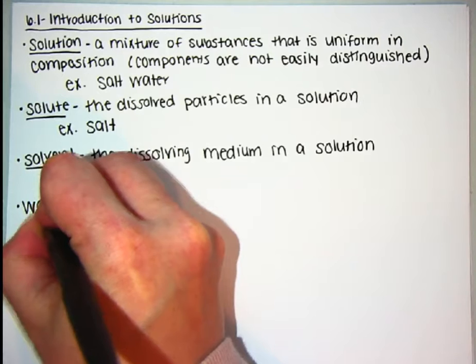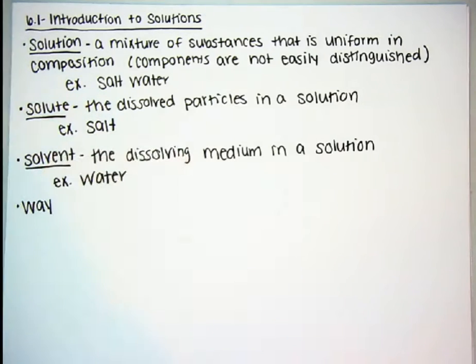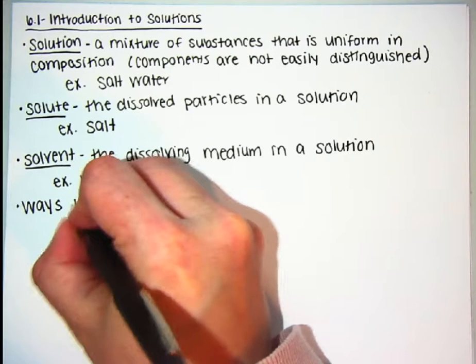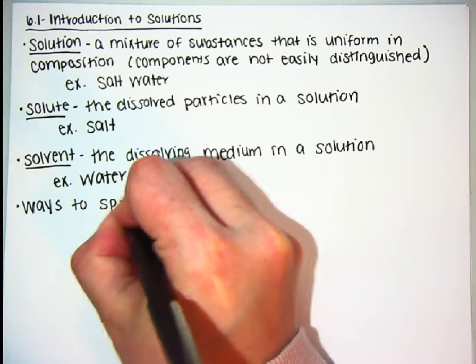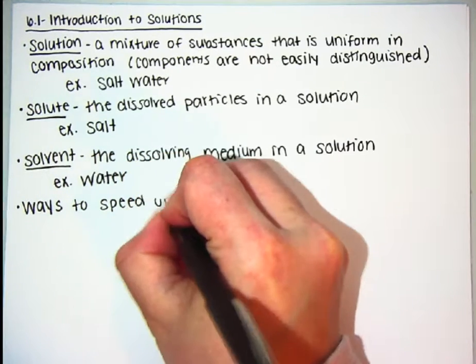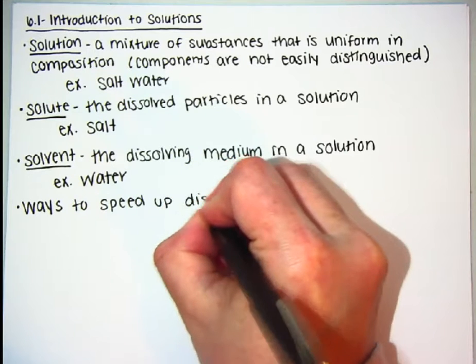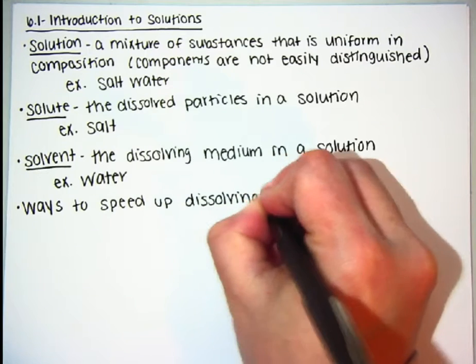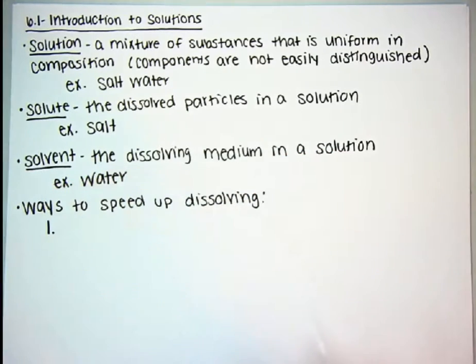Let's say you wanted to increase that process. Let's talk about ways to speed up dissolving. The first one should be pretty obvious. Think about if you ever put sugar in your coffee, or if you ever made lemonade or Kool-Aid from a powder.